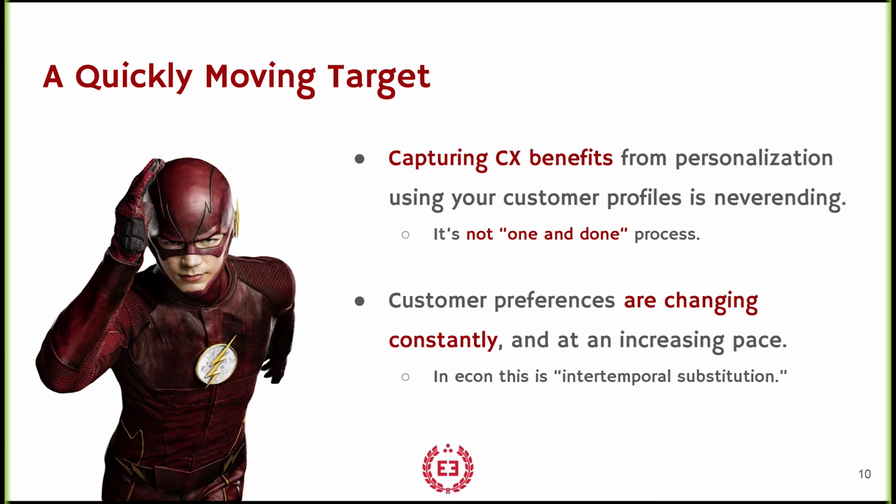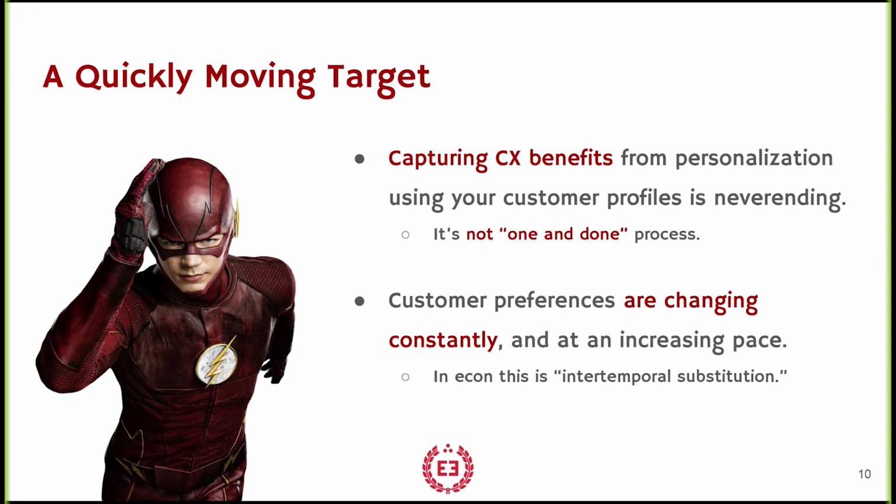The other thing that you have to understand is customer preferences are changing rapidly. This is something that has emerged in the last really 20 years, I think in large part because of technology. It is very hard to keep track of customer preferences right now. And when they change, it can be very rapid.